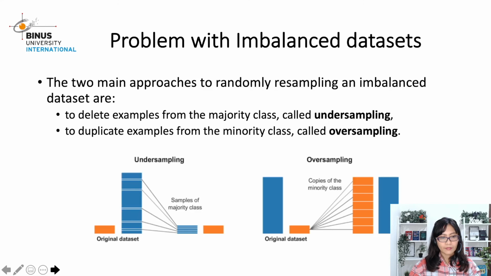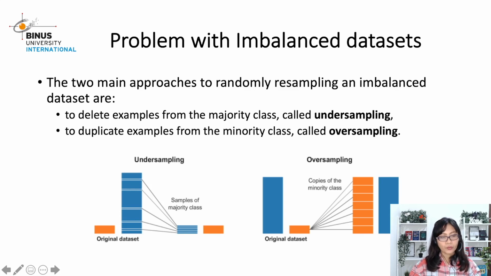So we can use two techniques, which are undersampling and oversampling. Oversampling is where we copy the minority class, or we generate synthetic datasets based on these facts, or we resample datasets and just copy, so that the minority becomes as large as the majority.